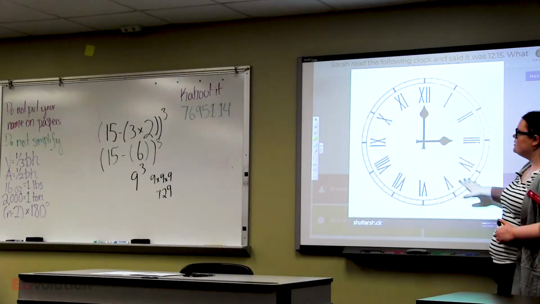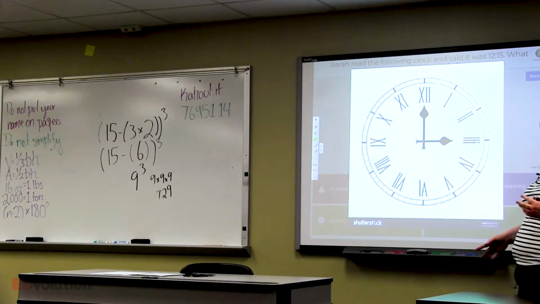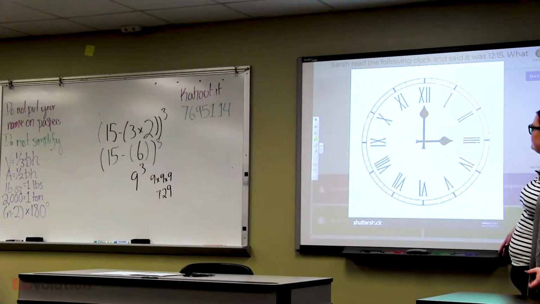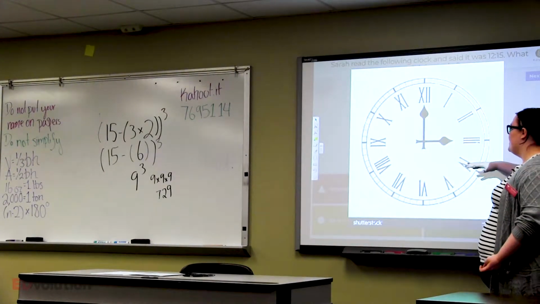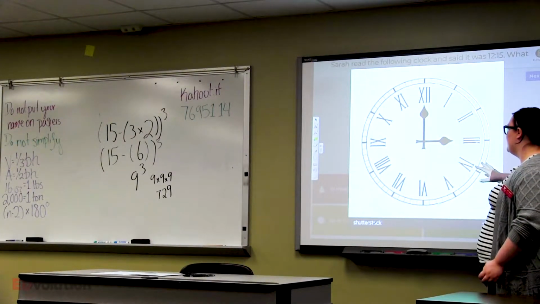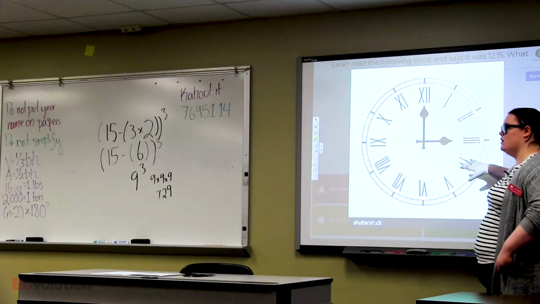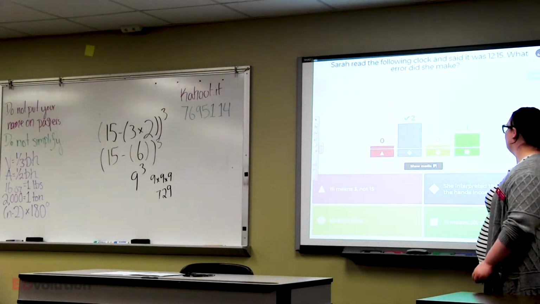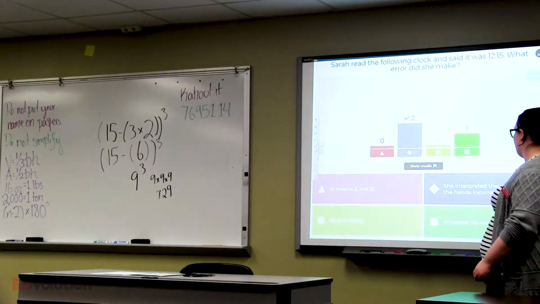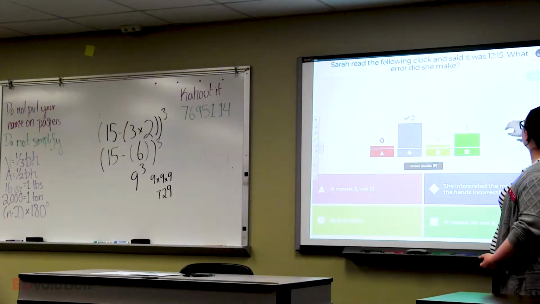While at first this looks like it's a test of your Roman numeral knowledge, it's actually wanting you to think about what the hands represent. So we know that the short hand represents hours and the long hand represents minutes. So she had interpreted the meaning of the hands incorrectly.